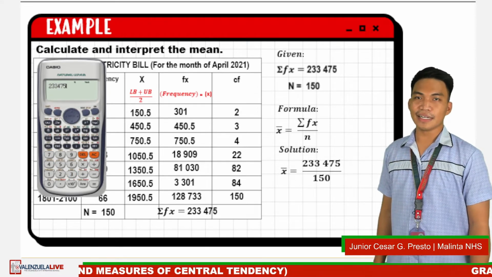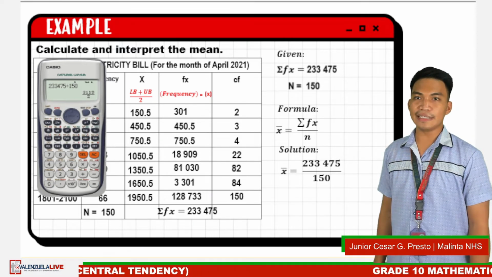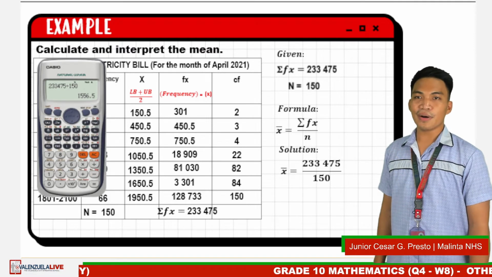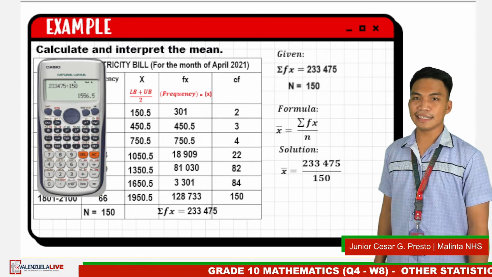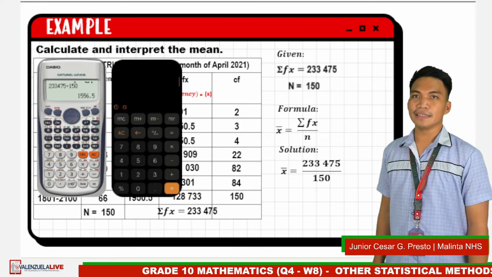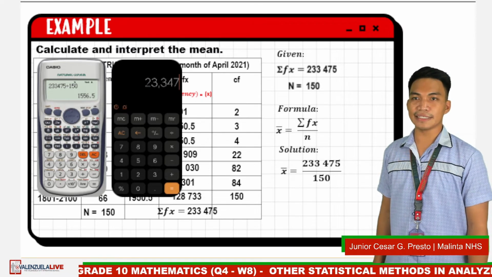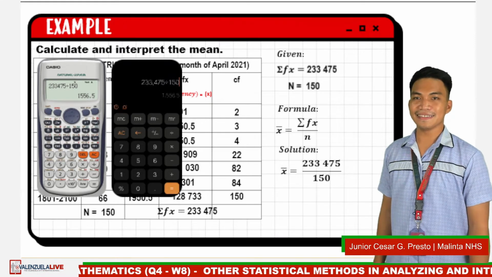Again, let us use the calculator to solve. Input 233,475. Division symbol, then 150, press equal sign. Then SD, the answer is 1,556.50. For smartphone calculator, input 233,475. Division symbol.